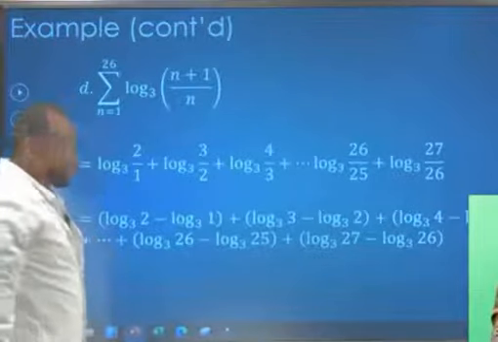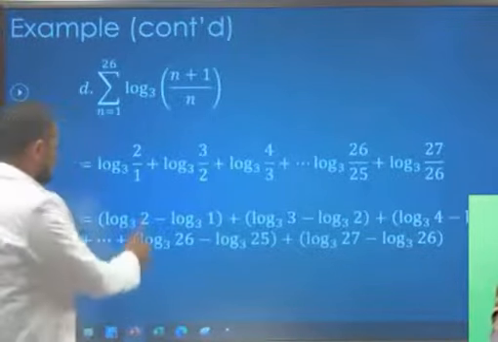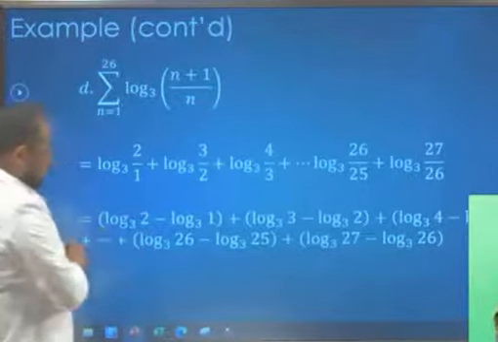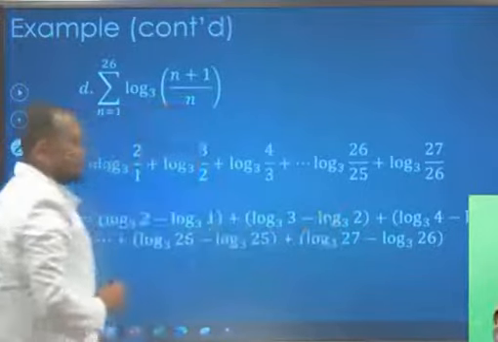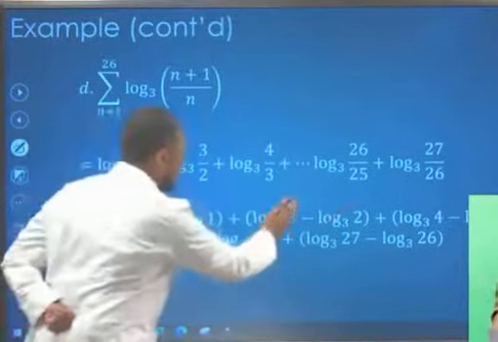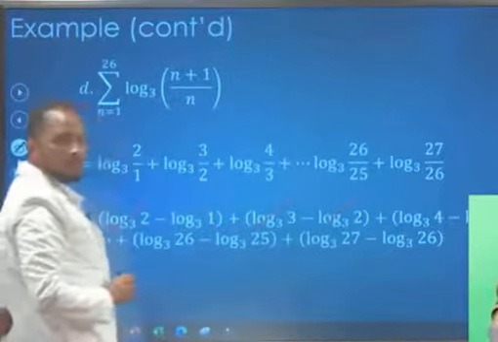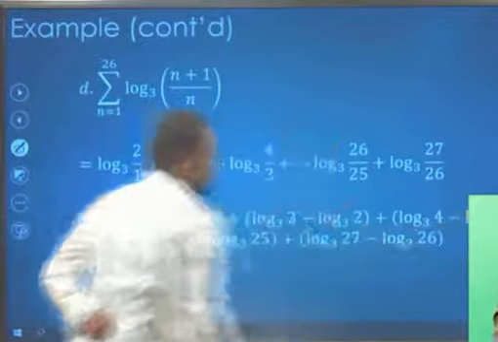When you add these, the logarithm of 2 to the base 3 cancels with its opposite, and the logarithm of 3 to the base 3 is cancelled by its opposite.